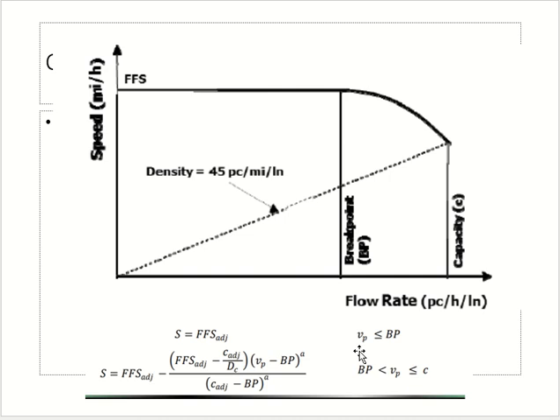This one, right? We call it a break point. So if you know the value of break point, then you know the last point of your straight line, right? So it starts with free flow speed, then you keep on going until you reach this point. How do I get this point?